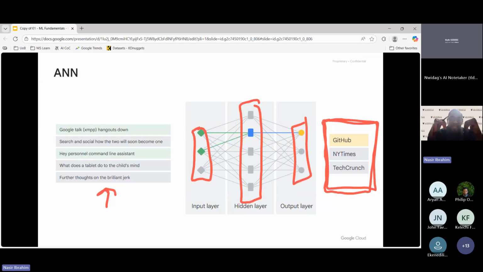So in this case, because the label tells us what particular publication an article is coming from, then this is a supervised problem because we already know the label. Okay, so this is supervised. If you didn't know the label, basically you are training the model to segment.